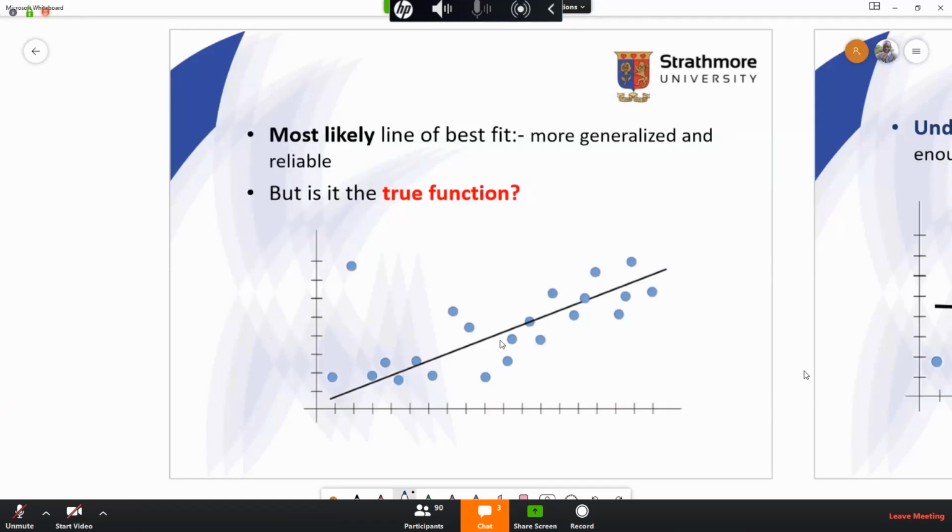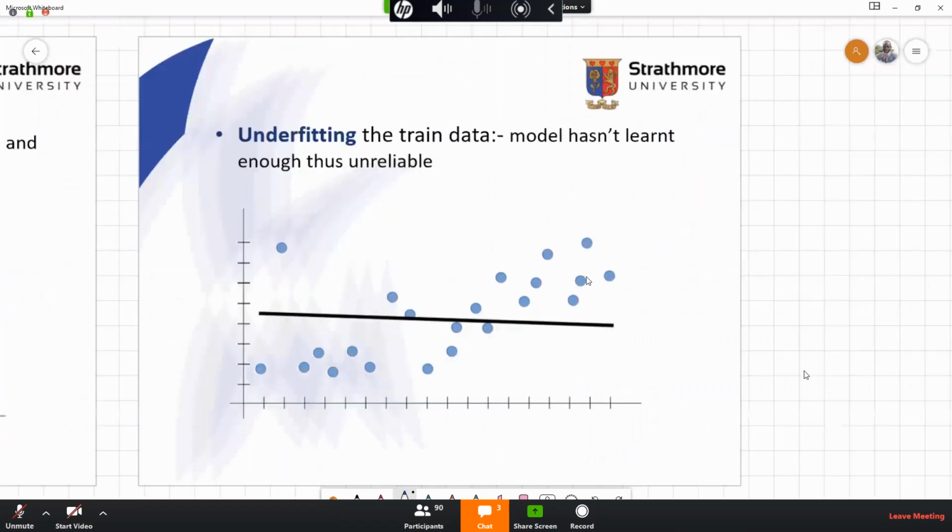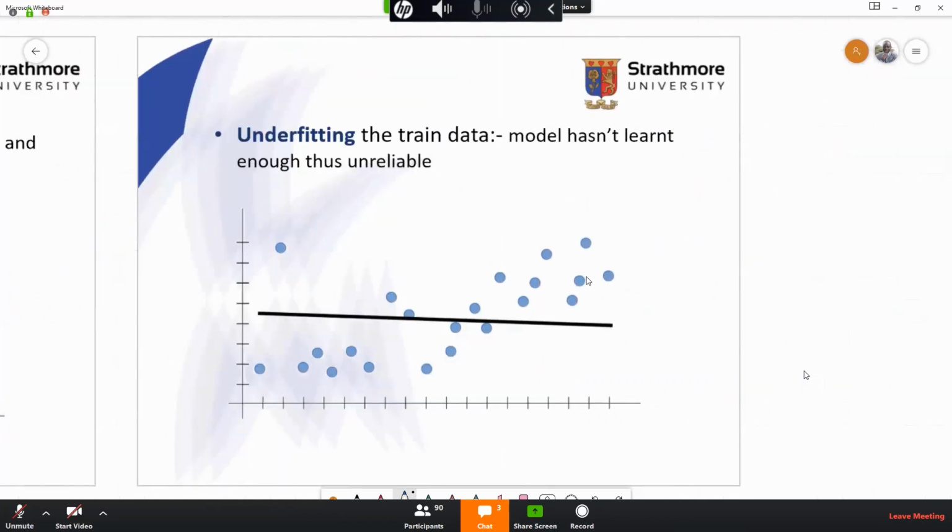Like you see here, this is the line of best fit that we came up with. Now, if we had a case of underfitting, the line of best fit will look like this.